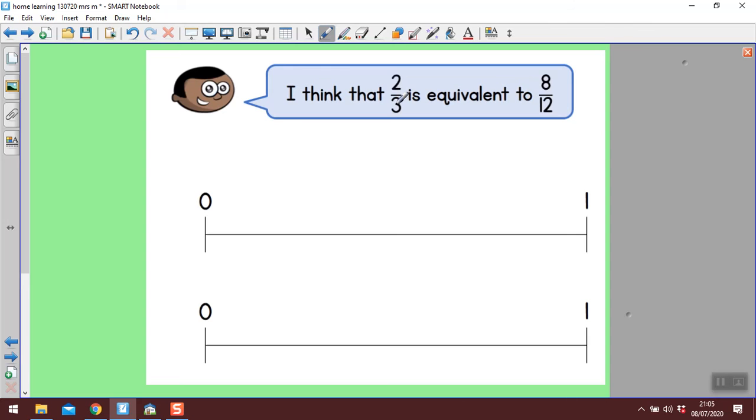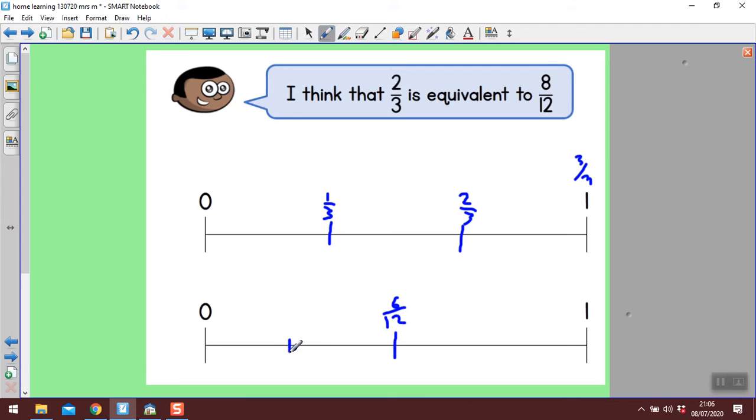Okay, so to find 2/3, I need to split my number line into 3 equal parts. This is 1/3, and this is 2/3, because my whole one is 3/3. And now twelfths. If I split it in half, I'm going to get half of that, so that's 6 twelfths.